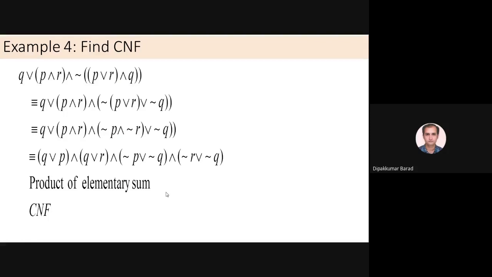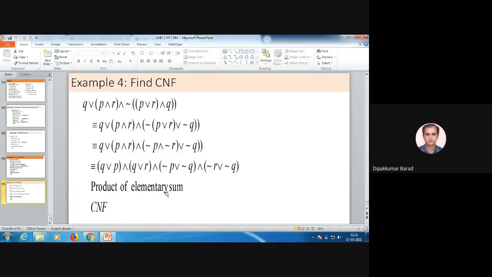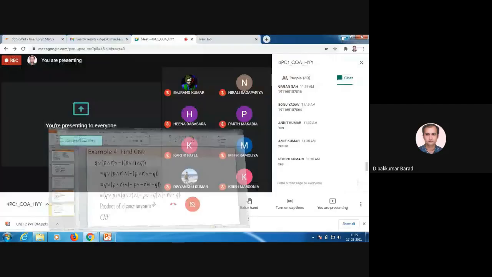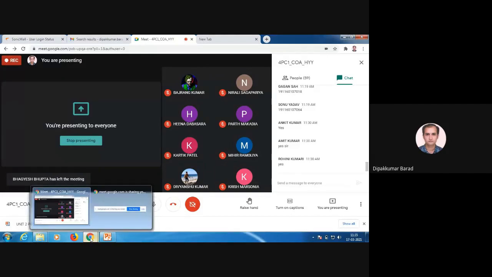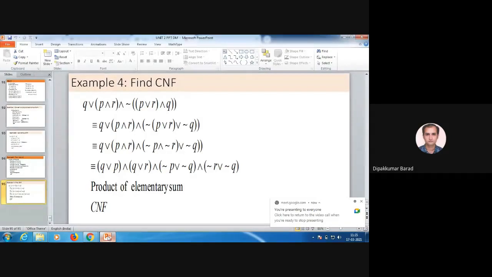Okay, is it clear for everyone? In conjunctive normal form, if anyone has a doubt, you can ask. I think everything in this unit has been discussed. In the second unit, if anyone still has doubts in any topic, you can ask right now.